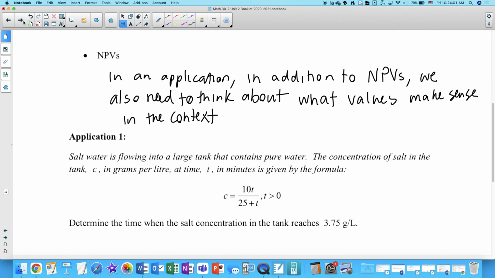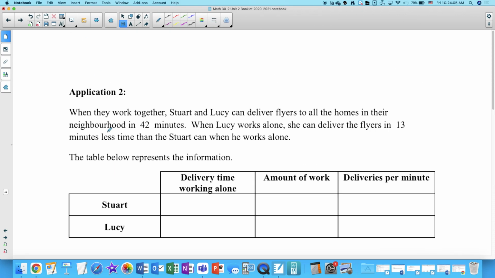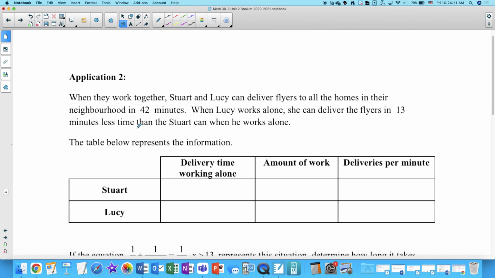So I'm actually going to skip this first example because I don't actually think it's a very good one. I'm going to take it out next time. And we're going to move on to number 2. Essentially what we're going to do in this section of this unit is look at a whole variety of questions, because what you will see is that there are only so many types of questions that involve rates.